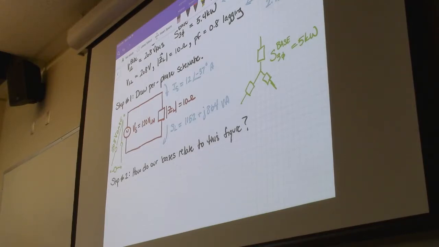So there's all those equations and versions, like if you saw the PDF or the Word document, there's all those different converted versions of the bases. However, the simplest way to handle problems like this is just to convert the bases to whatever fits the analysis that you're using. In this case, it's per phase. We can go ahead and just take the voltage line to line base and convert it to line to neutral. So what is that going to be?